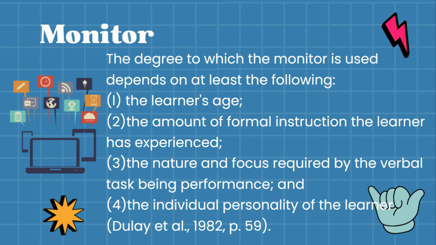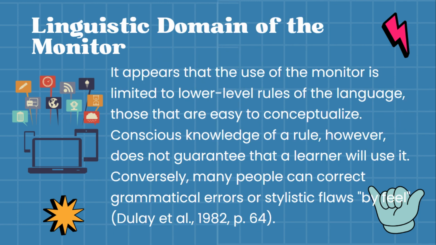So how much the monitor is used depends on things like the person's age, how much formal language instruction they have had, what the specific task requires, and the last is the individual's personality.